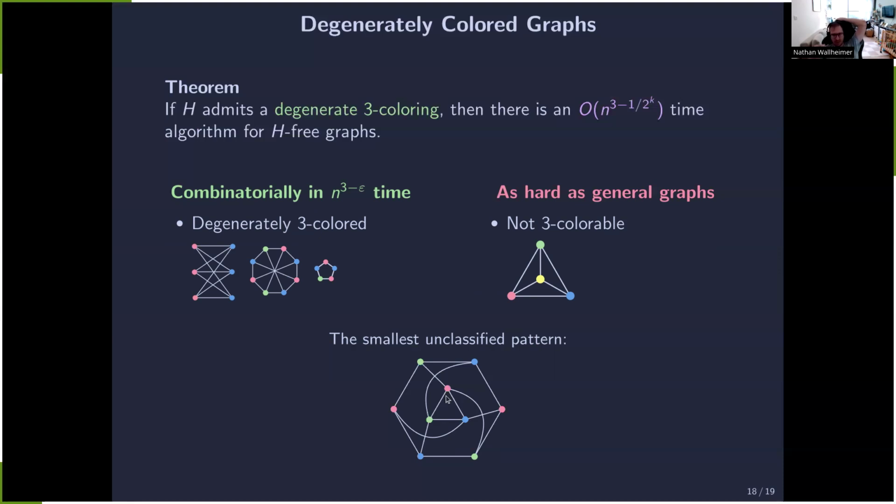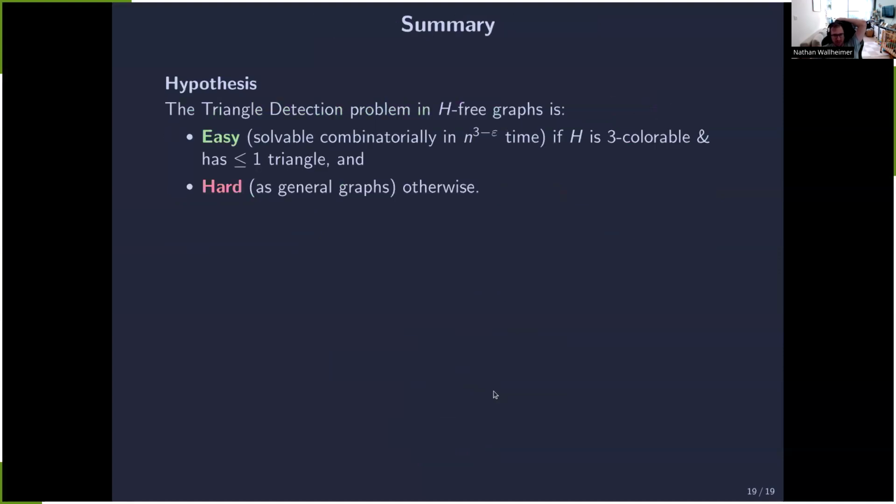All the vertices will have neighbors in 2 colors. To summarize, while we did classify the patterns of size smaller than 9, we put forward the following hypothesis that says that the problem in H3 graphs is easy for patterns that are 3 colorable and also contain at most 1 triangle.